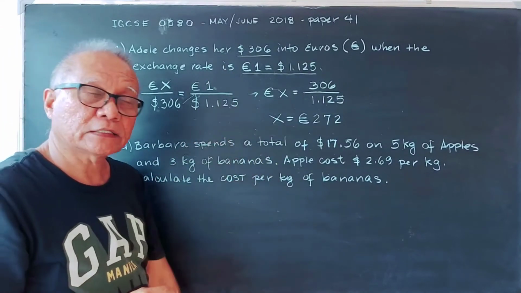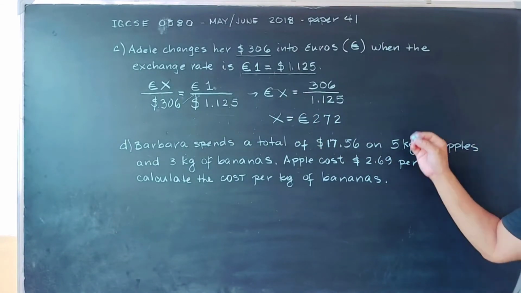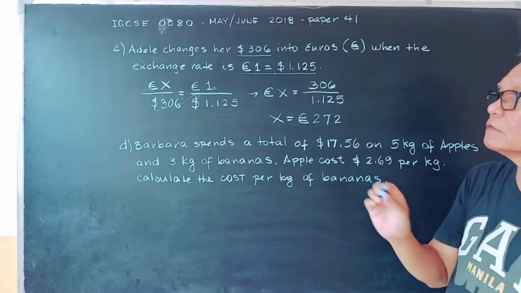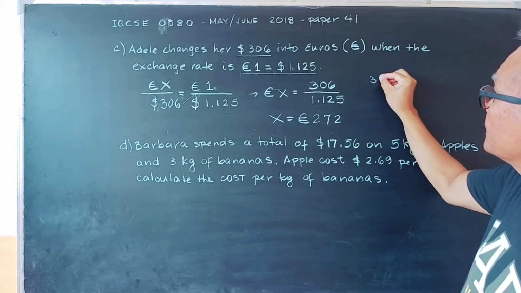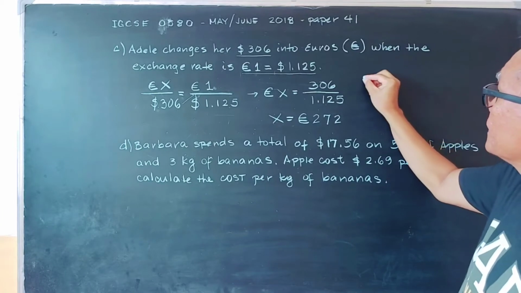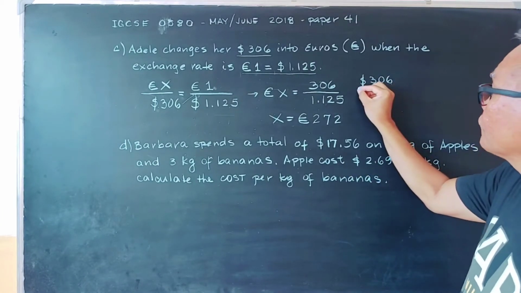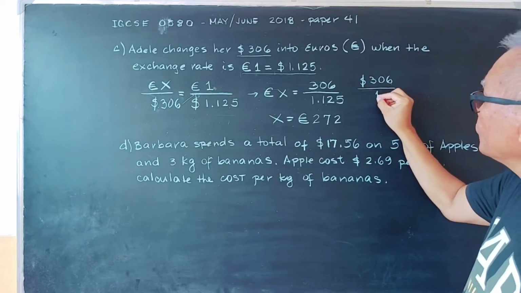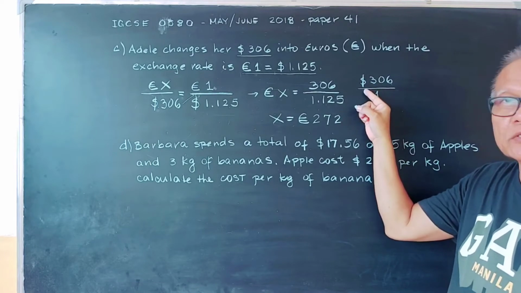The other one is conversion of units. So how do we do that one? For conversion of units, we first write the 306, and this one is in dollars. We put the fractional bar here and put 1 here so that we can see that the dollar is above the fractional bar.